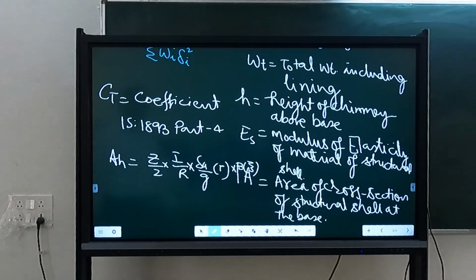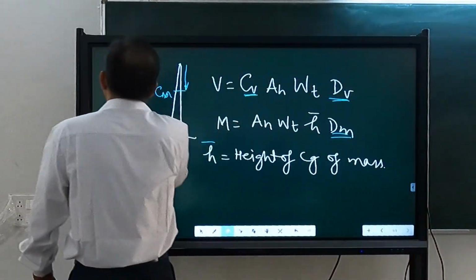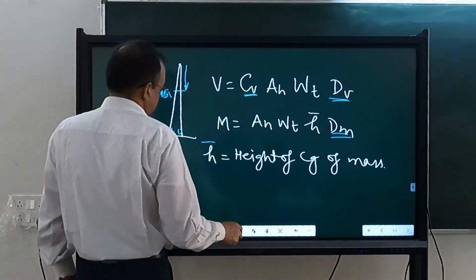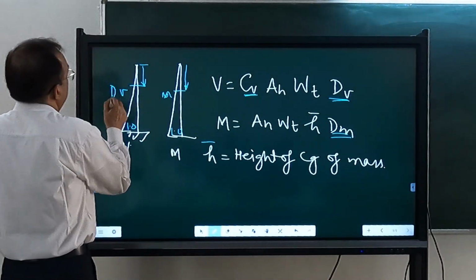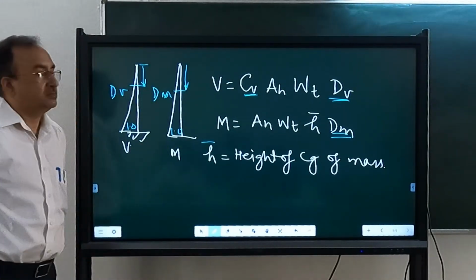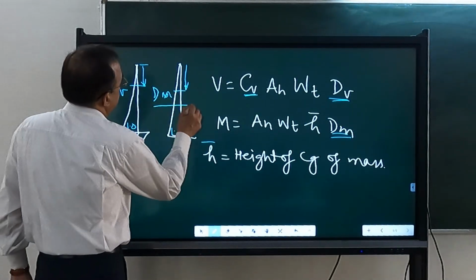In the figure, sorry, I have written CV and CM. Actually these are dV and dm. Why are dV and dm applied? Suppose you want to calculate the bending moment here.